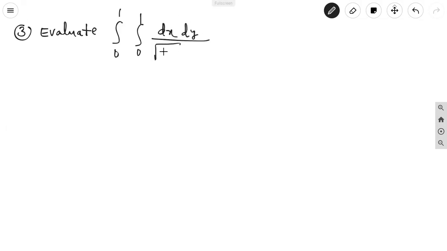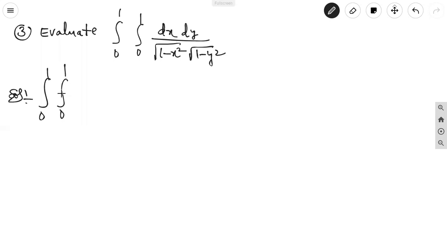Next problem, evaluate integral 0 to 1, integral 0 to 1, dx dy by under root of 1 minus x square under root of 1 minus y square. Here we can take the given integration with both the same limits, 0 to 1, 0 to 1.